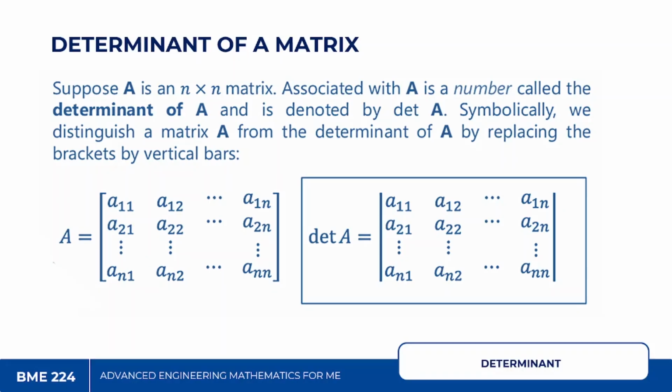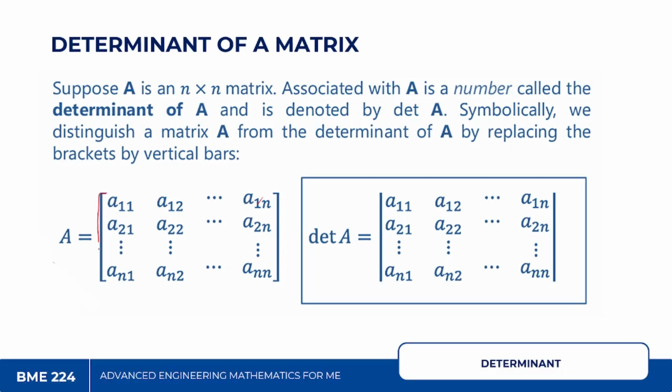Okay, determinant. A determinant of a matrix. Say for example, we have here a matrix A. The representation of a matrix has these elements, or entries. This is the first row and first column, that is the entry A11, first row second column, this is A12, and so on and so forth.